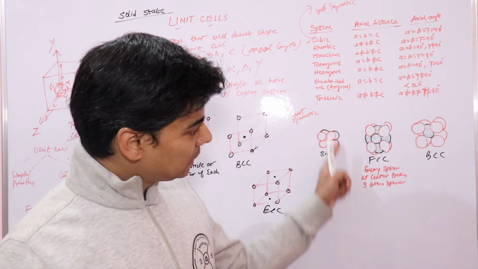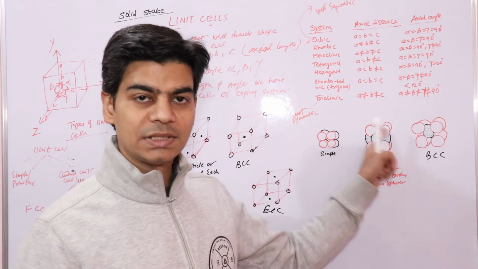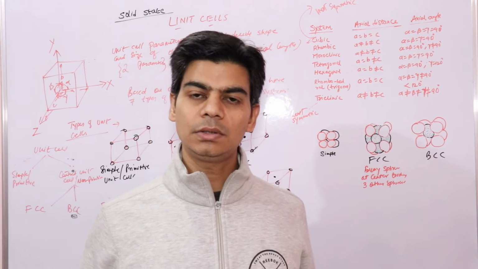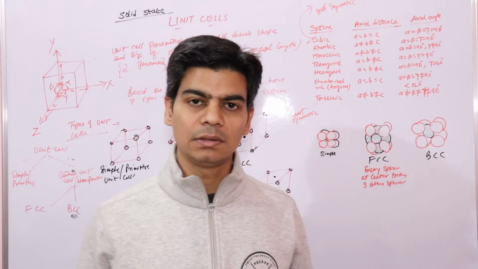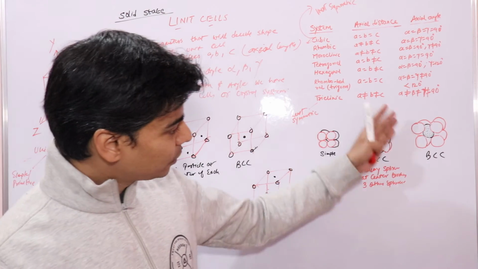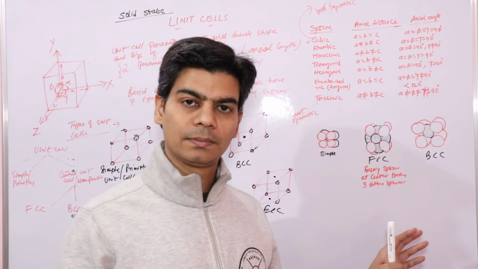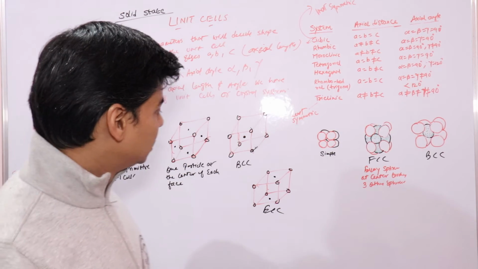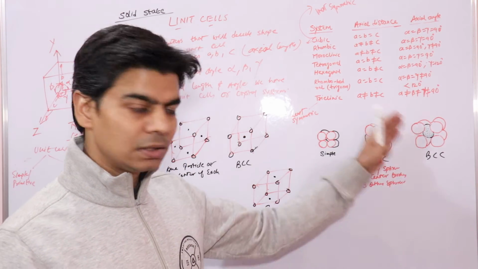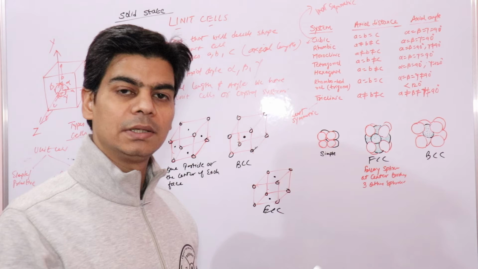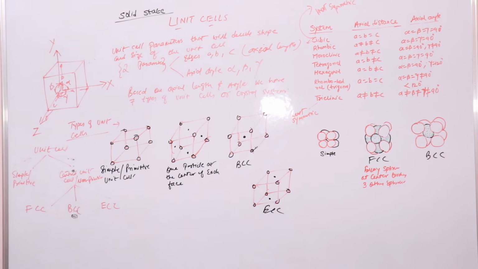So this one unit cell represents the complete picture of the solid, how particles are arranged in the solid, right? So this type of structure extends throughout the crystal, right? And this tells us how particles are packed in the crystal, right?